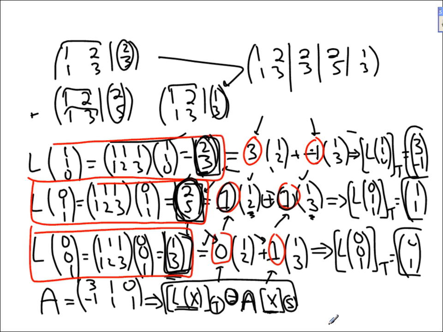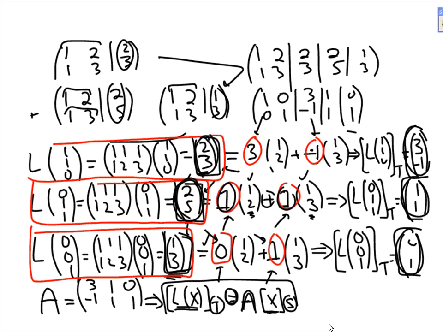And I can tell you what you're going to get. You're going to get the identity matrix augmented with 3, negative 1, then 1, 1, and then 0, 1. And then you are done.